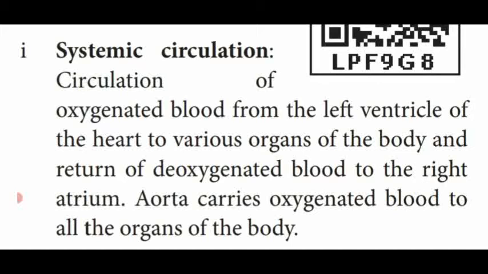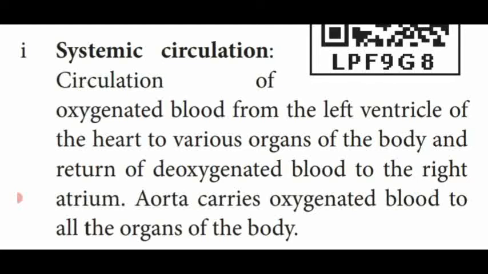Circulation of oxygenated blood. See the word oxygenated blood. From the left ventricle of the heart to the various organs of the body. Note down: the circulation of oxygenated blood is from which chamber? Left ventricle of the heart to various organs of the body. That is oxygenated blood through the left ventricle.